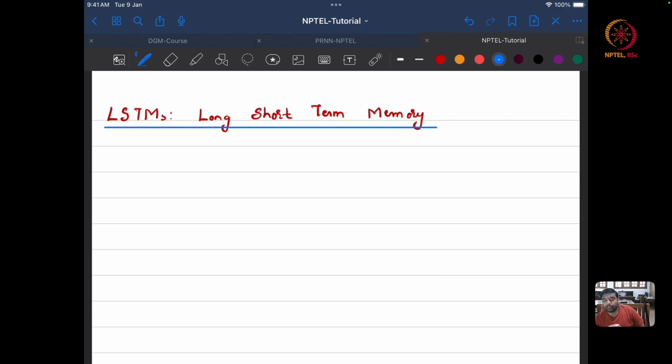Okay, and you remember that we came up with LSTMs for a specific reason, that there is a vanishing gradient. Now that means that you need a path in which we actually have no weight interaction. Okay, let me show you.